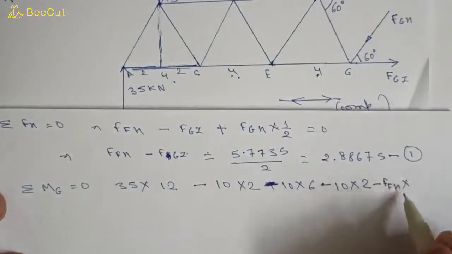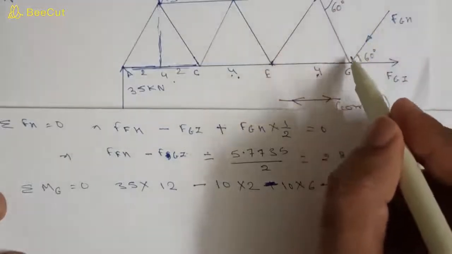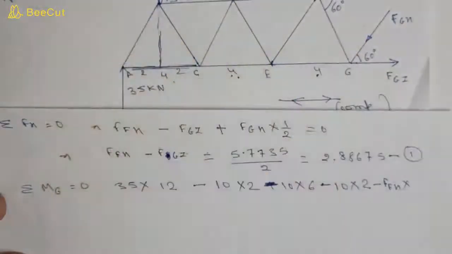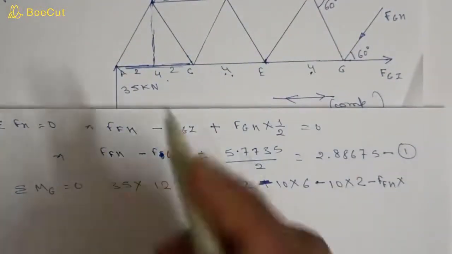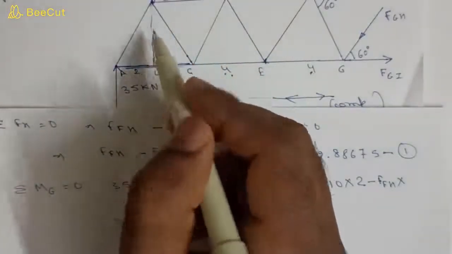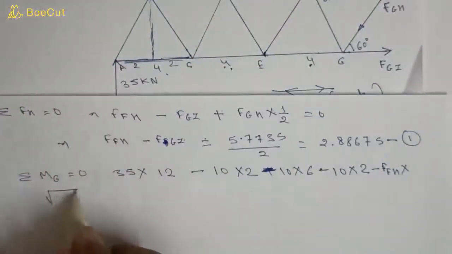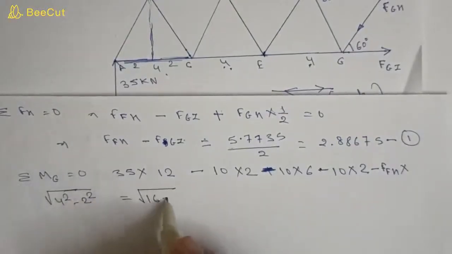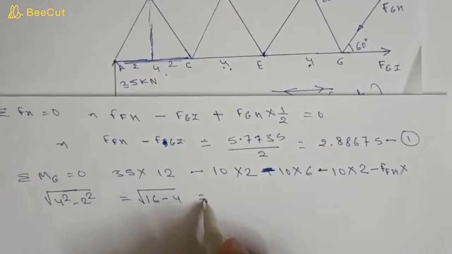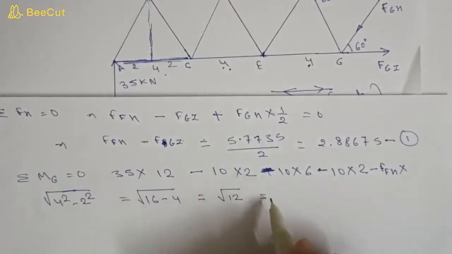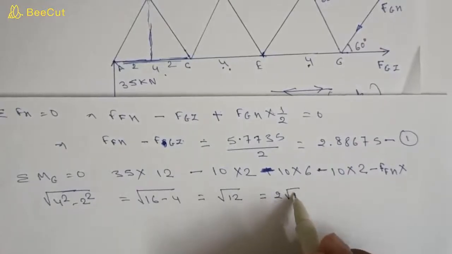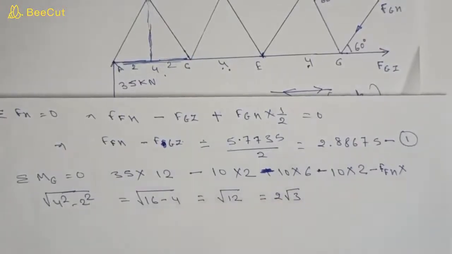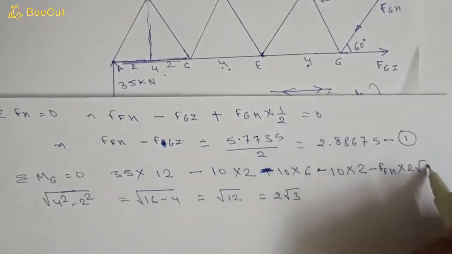FFH into distance: this is 4 meter, this is 4 meter, this is 2 meter, so this will be root of 4 square minus 2 square, so it will become root 16 minus 4, so root 12, or we can write 2 root 3. Okay, now we will write here 2 root 3.